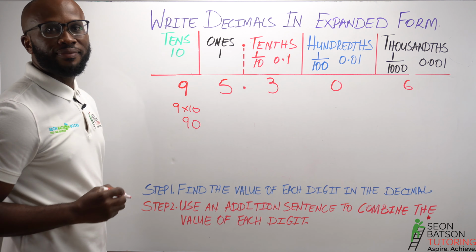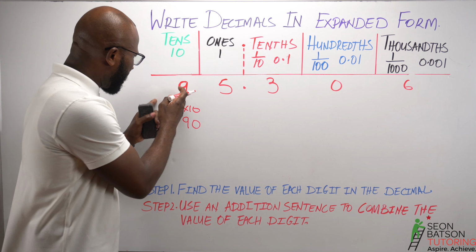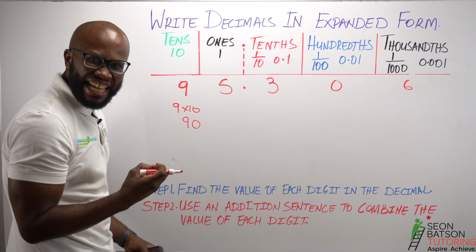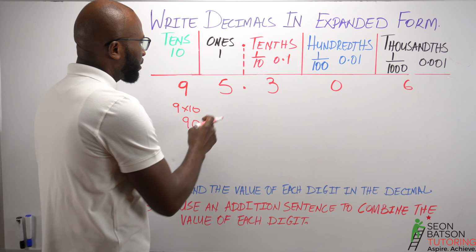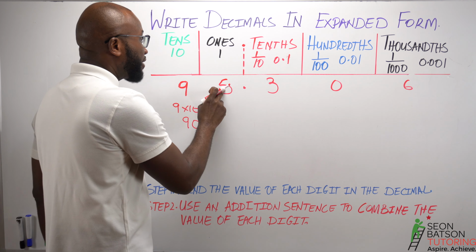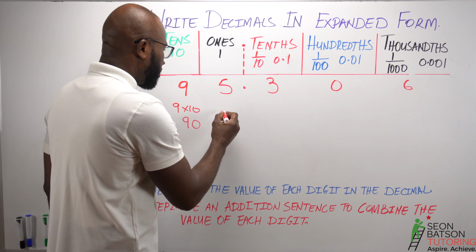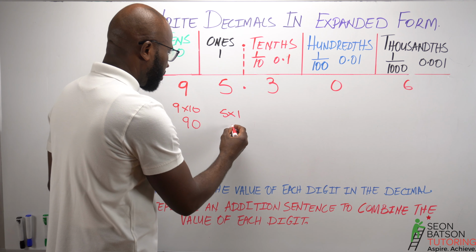Very good. So the value of this 9 is 90. Yes? This 9 has a worth of 90. All right. Let's go to the ones place. To find the value of this 5, since the 5 is in the ones place, we'll simply multiply 5 by 1. What is 5 times 1? 5.